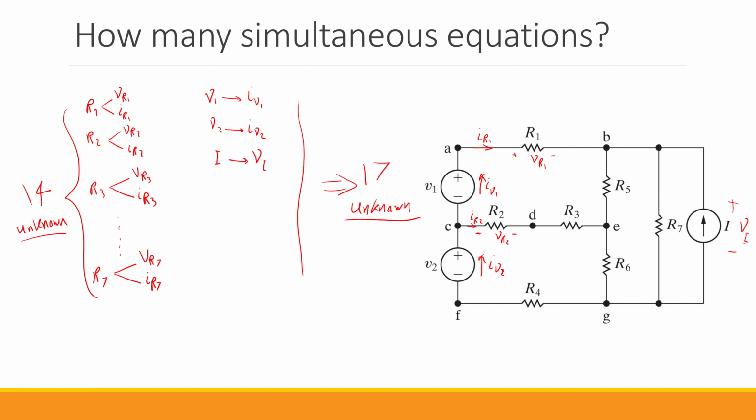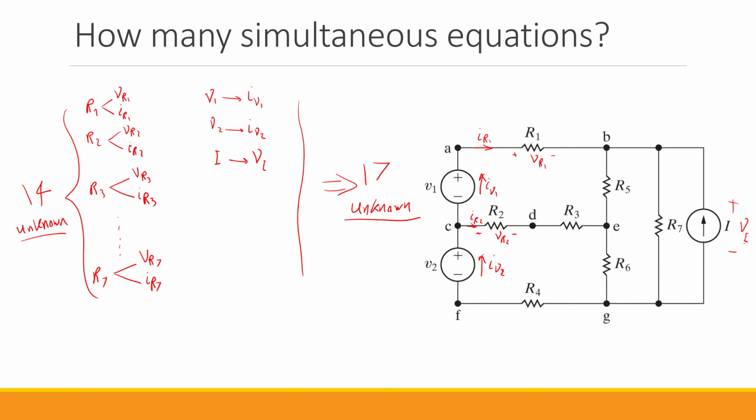So does having 17 unknowns automatically translate to the need to solve 17 simultaneous equations? From the previous lectures, you should know that it is not necessary for us to come up with both the voltage and the current of the resistors by simultaneous solution of the linear equations.